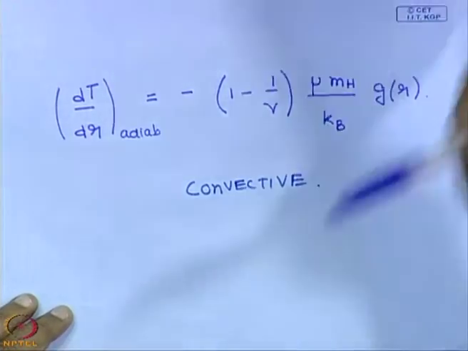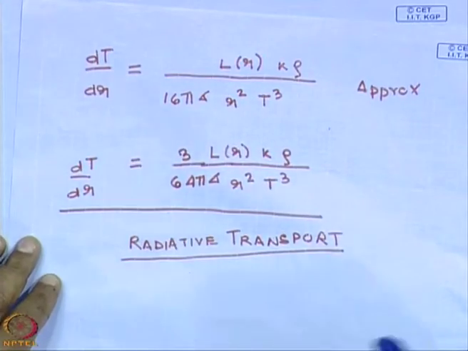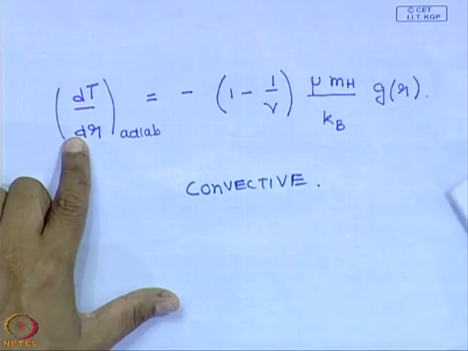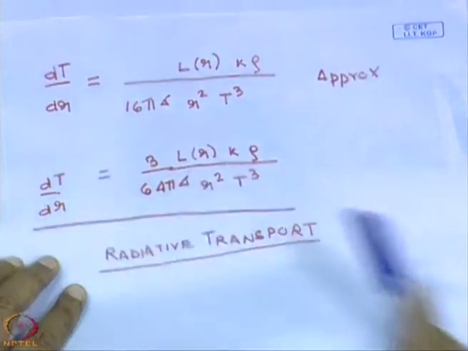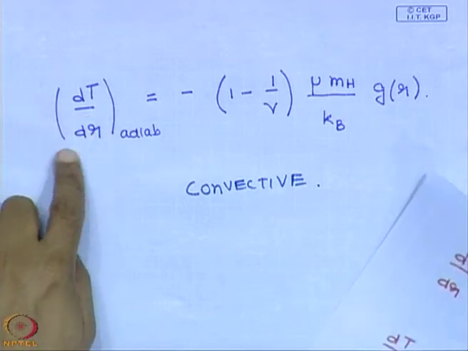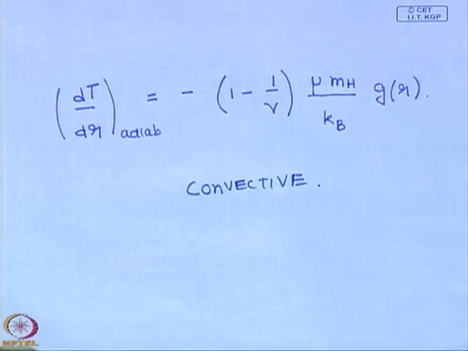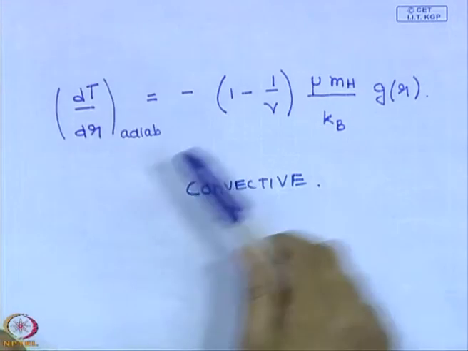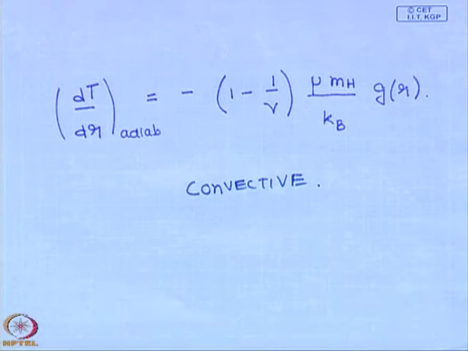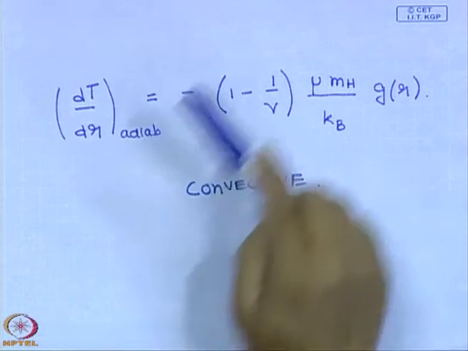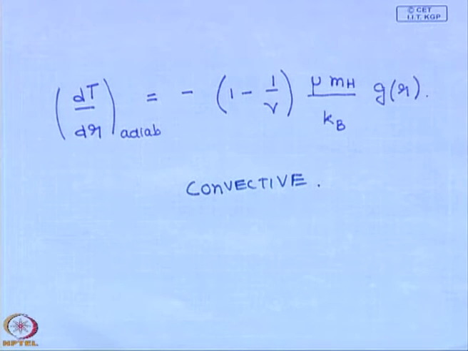If this is smaller than this, then you have to use this. The moment this becomes bigger than this, you have to use the adiabatic temperature gradient, and we know that then convection has set in. Okay. So, you have to simultaneously solve these 4 equations.